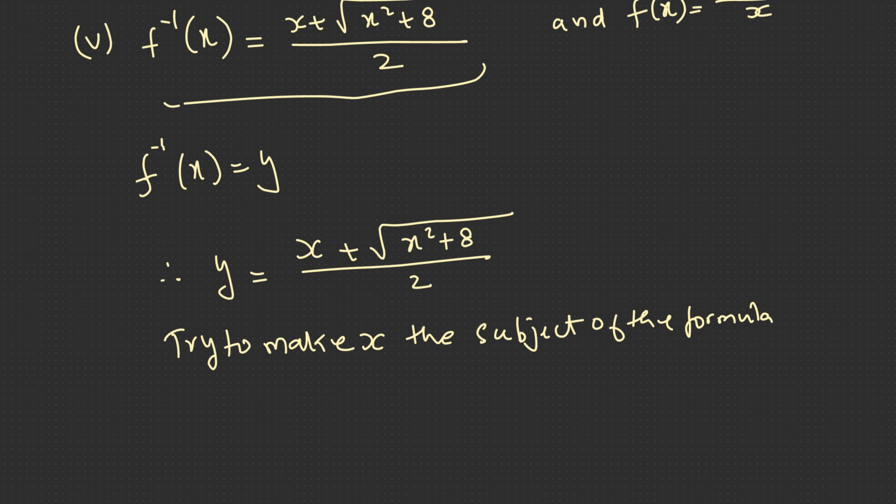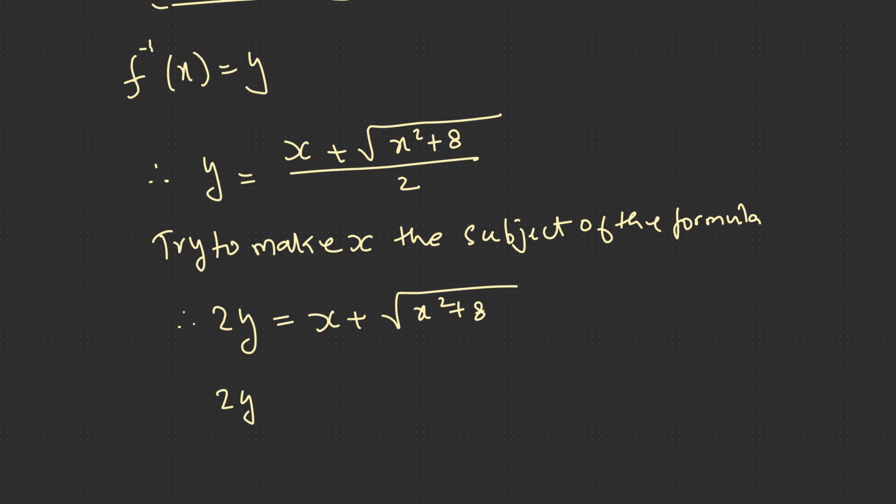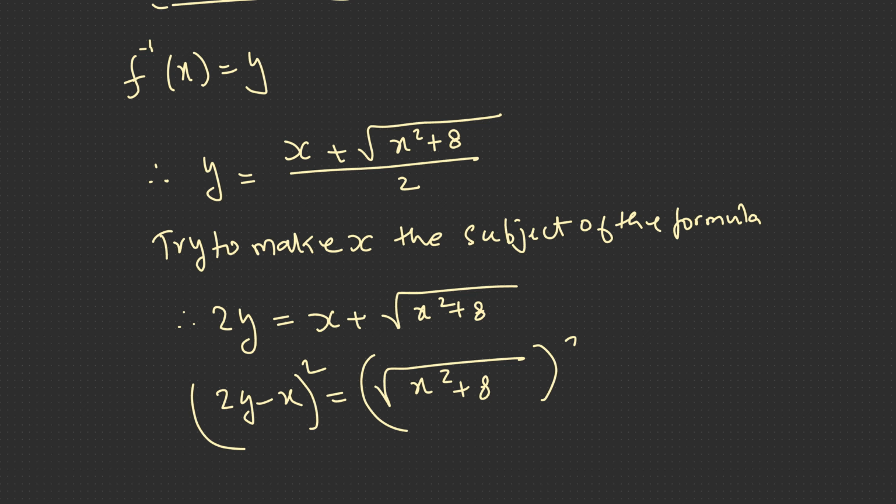So how do we do that? We can say therefore 2y is equal to x plus square root of x squared plus 8. So hence 2y minus x equals the square root, and I can square this.